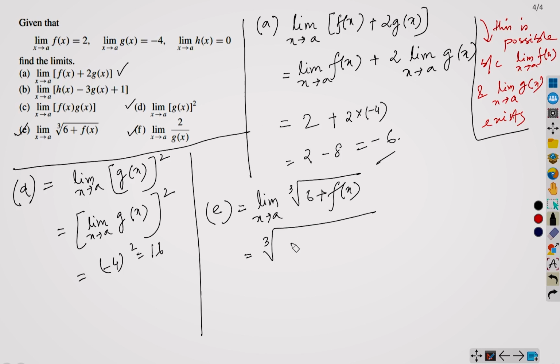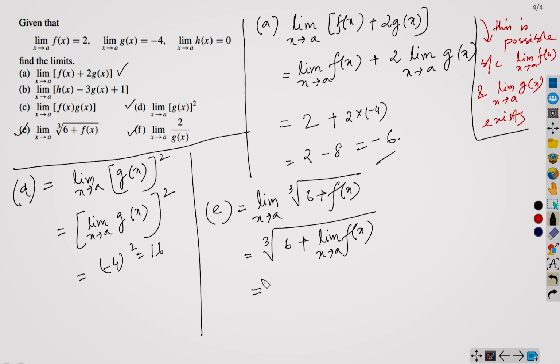Same strategy, or rather the same formula or theorem basically: since the limit exists, we can insert the limit. Whenever the limit exists, let me just tell you this, we can insert the limit. Okay, it is called the limit operation.